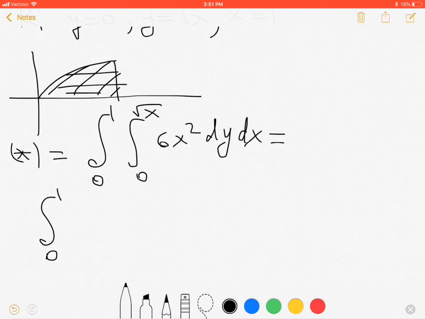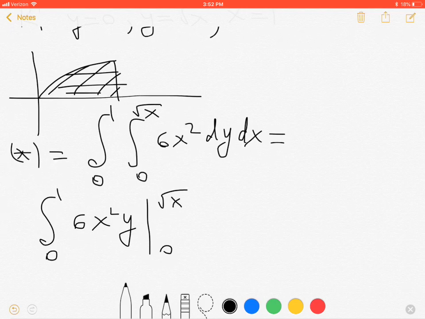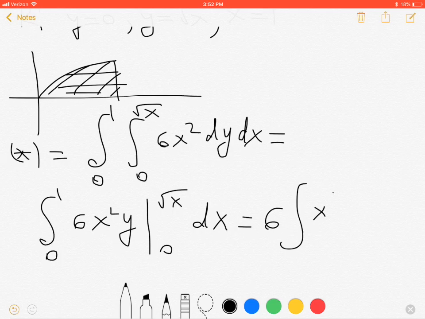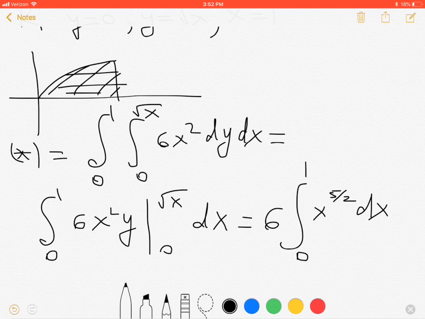Equals the integral from 0 to 1 of 6x squared y, where y goes from 0 to square root of x, dx. This gives me 6 times the integral of x to the power 2 plus 1/2, which is 5 halves, dx from 0 to 1.